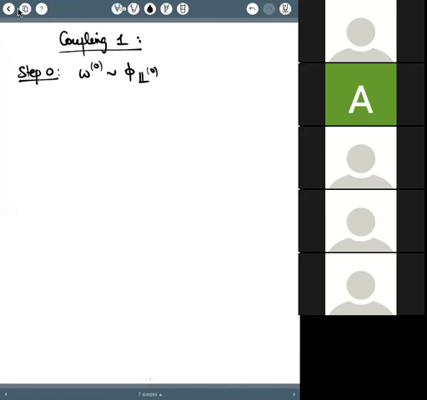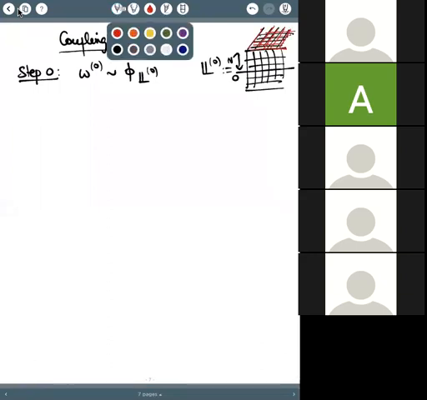So I take omega 0 to be sampled according to phi L0, where L0 is really the graph obtained by having tracks of angle alpha above height n and tracks of angle pi/2 below. So this is 0 and this is height capital N. Okay, that's L0. So I sample omega 0 according to phi.